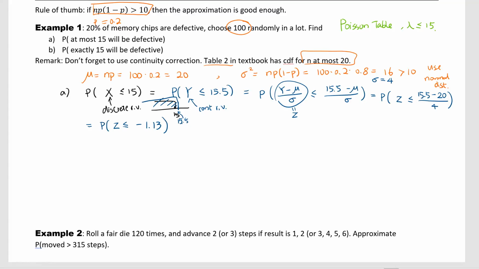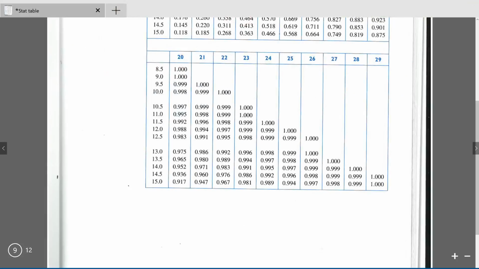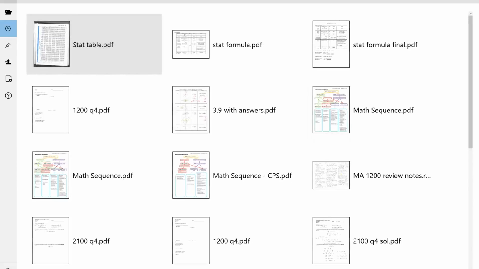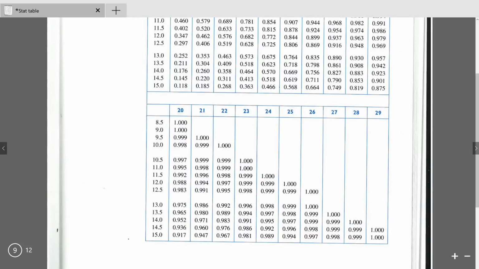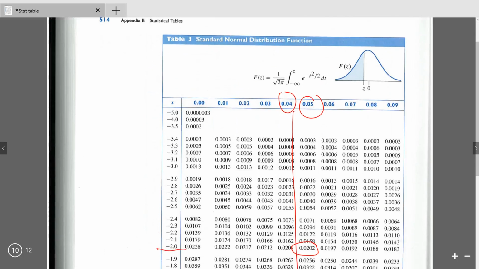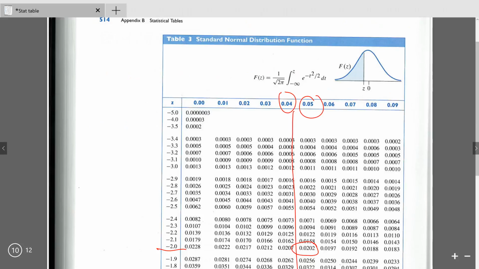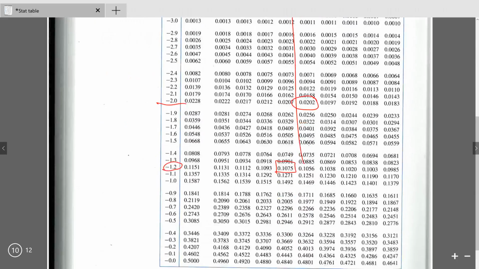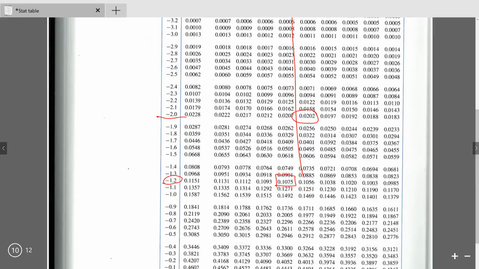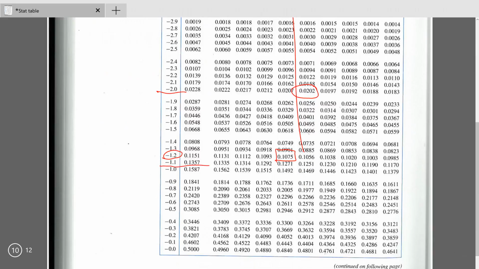So for these values, we only keep 2 decimal places. Because if you remember our CDF values for the normal distribution, the z values only have 2 decimal places. So what we're looking for is negative 1.13. Where's the 3?